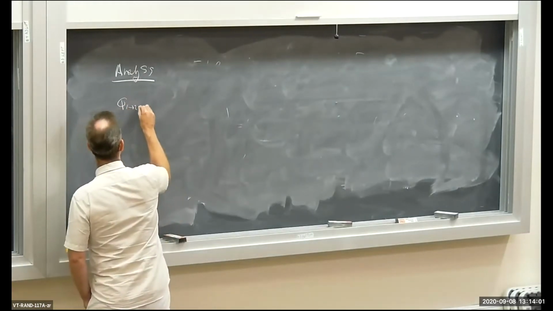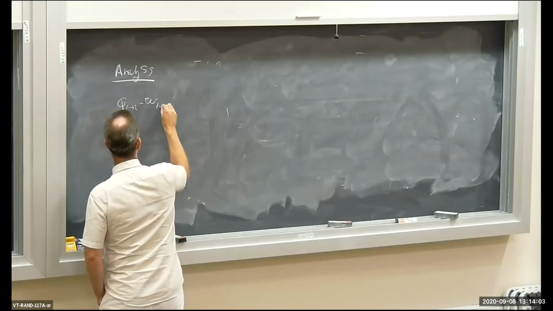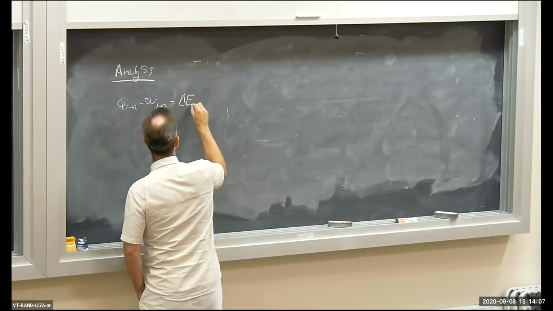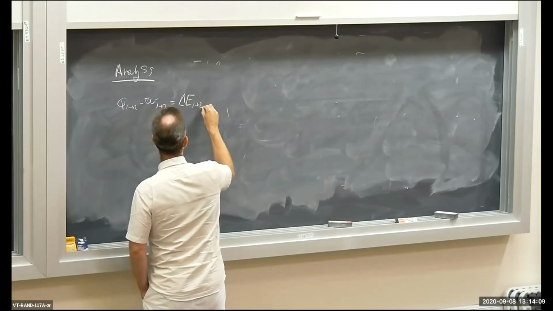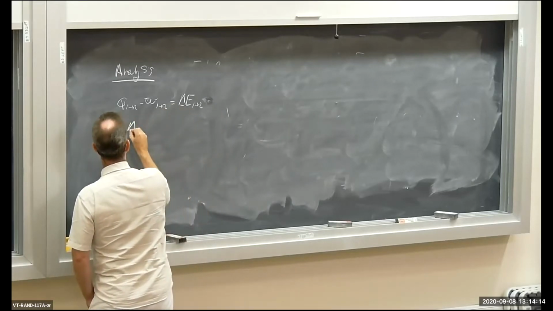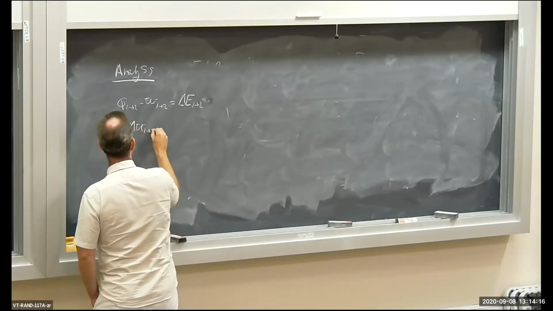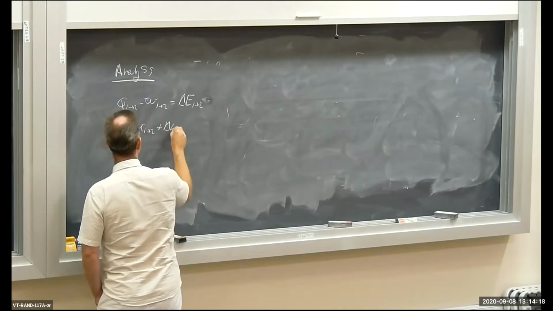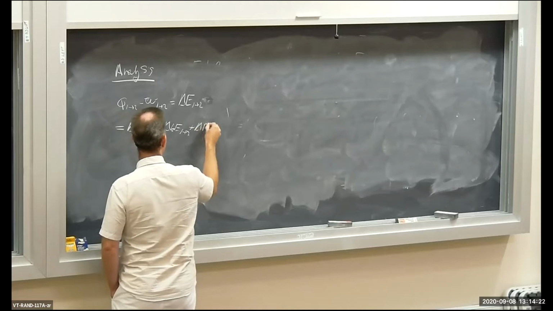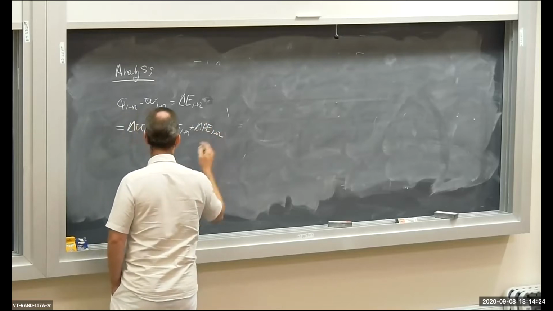Q1 to 2 minus W1 to 2 is equal to the change in total energy from state 1 to state 2. And that's equal to delta U from 1 to 2 plus delta KE from 1 to 2 plus delta PE from 1 to 2.